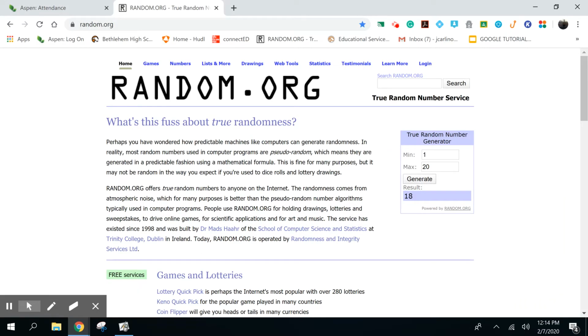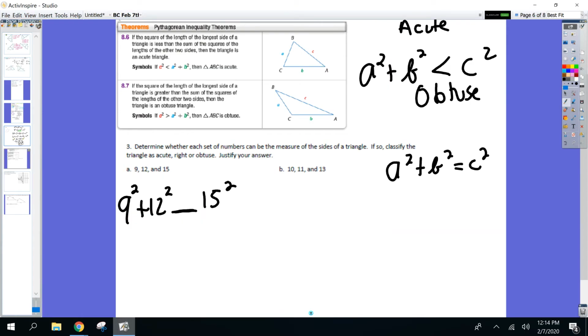What did the 9 squared, 12 squared side come out to be? 225. How about the 15 squared side? Oh, look what happened. They're equal to each other. So if they're equal, 9, 12, 15 are sides of a right triangle.